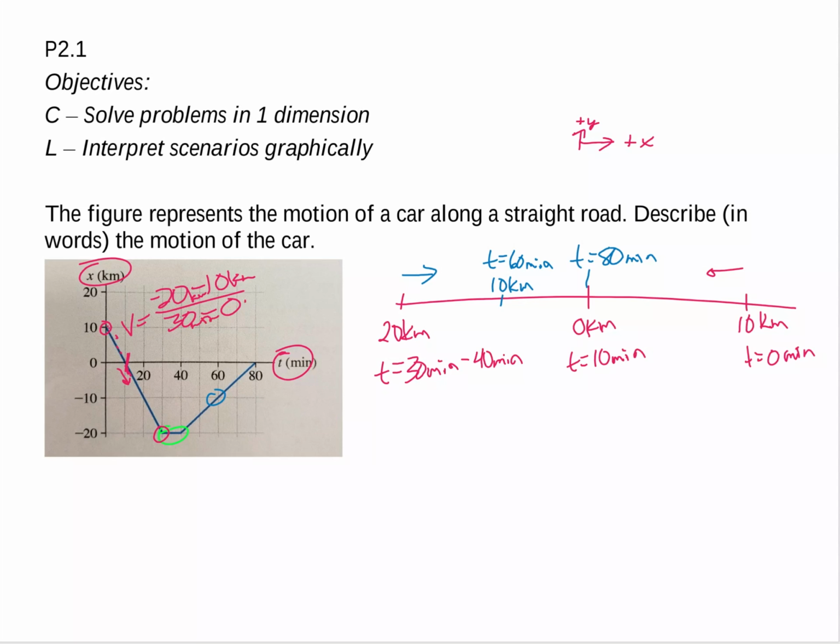So we have negative 20 minus 10, negative 30 kilometers, divided by 30 minutes. 30 divided by 30 is 1, so we get negative 1 kilometer per minute. So when we're moving to the left, our average speed is negative 1 kilometer per minute.